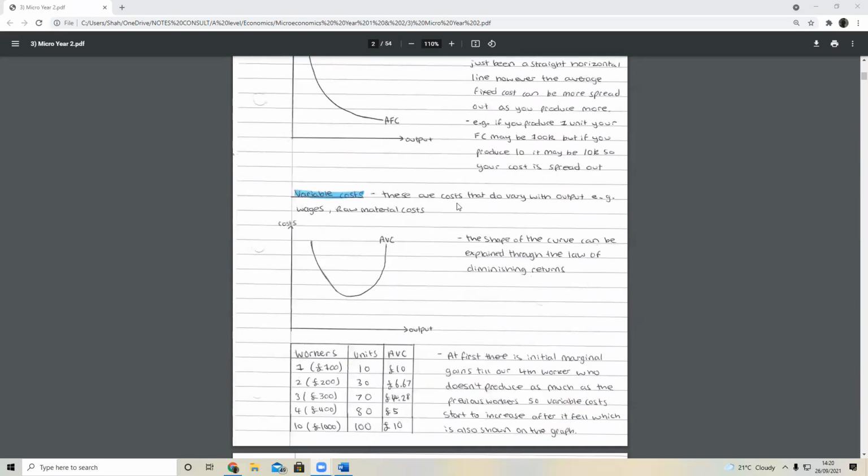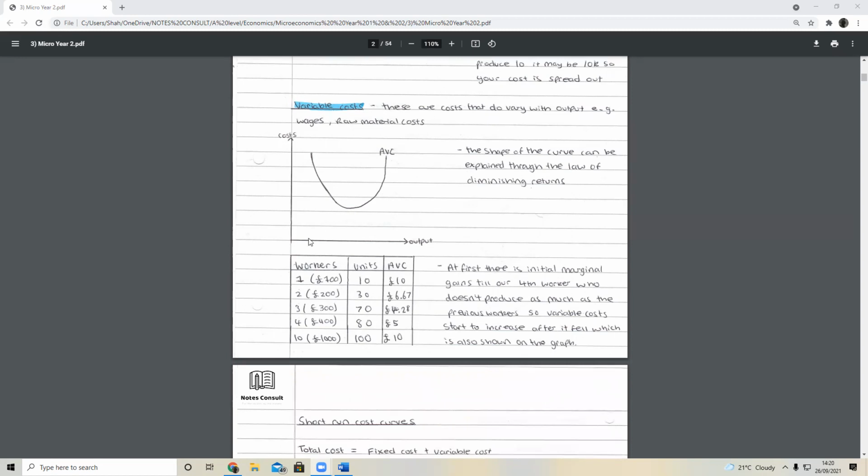Variable cost, these are costs that do vary with output, like we said. The shape of the curve can be explained through the law of diminishing returns. So first it initially goes down, then starts to go up. You can see this here. So say we have workers and we're paying them £100 each in wages.